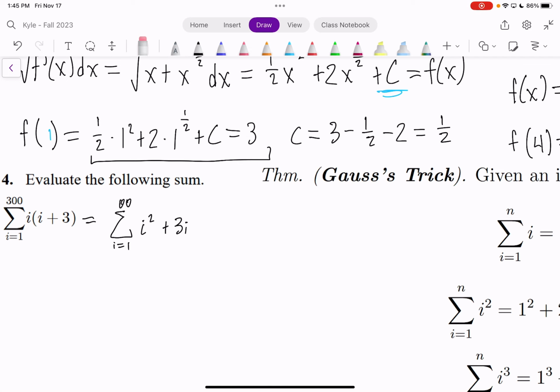We know that sums are also linear, so we can turn this into two sums. We'll have the sum from i equals 1 up to 300 of i squared, plus 3 times the sum from i equals 1 up to 300 of i. So we've split up our sum into stuff we know the formulas for.